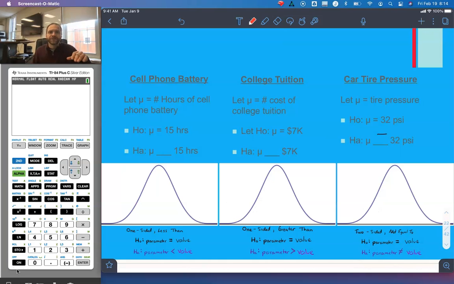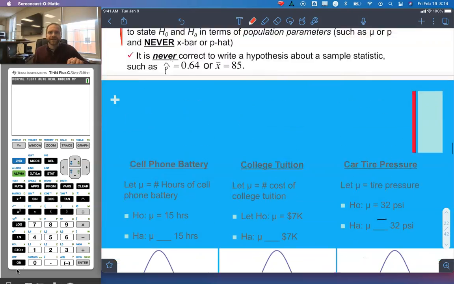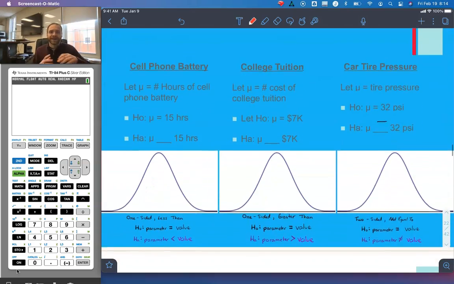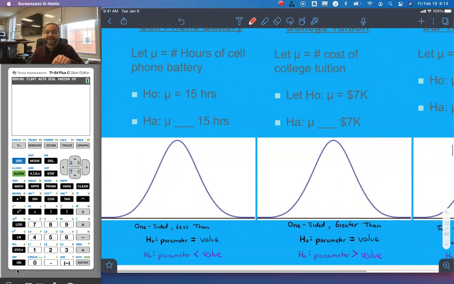So here are the three distributions that we're going to use. Like I said, you have this space up here. I give myself some more room so I can talk about what these scenarios are. There is cell phone battery. Let's say a company says that on average their cell phone battery keeps its charge for so many hours. In this case, this would really be a one-sided less than significance test.